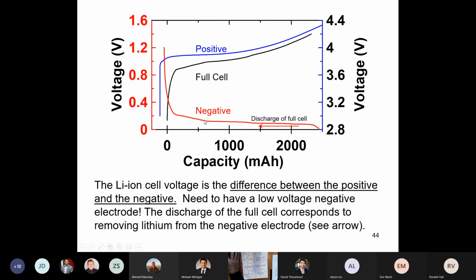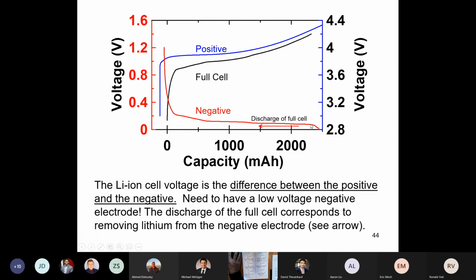Yeah, so just coming back to this for a minute, when you have a positive electrode and a negative electrode in a lithium-ion cell, the full cell voltage is the difference between the red curve and the blue curve. The scales are different here. The blue and the black correspond to the right-hand axis, and the red curve corresponds to the left-hand axis.